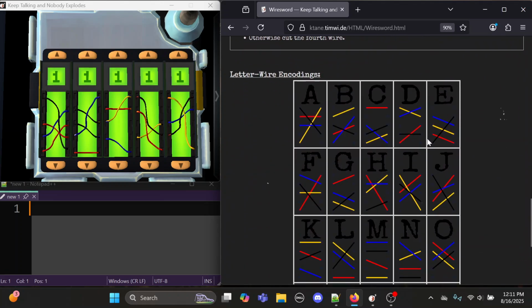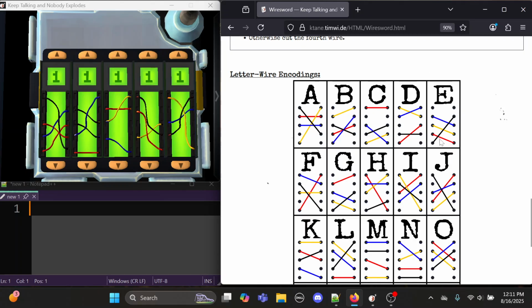I'm going to have to turn on light mode here for you to see the circles. This is what we're working with here. What each position does, and each letter corresponds to, is a position of the alphabet. And it's going to have one combination for each of the wire colors that can be associated with it.